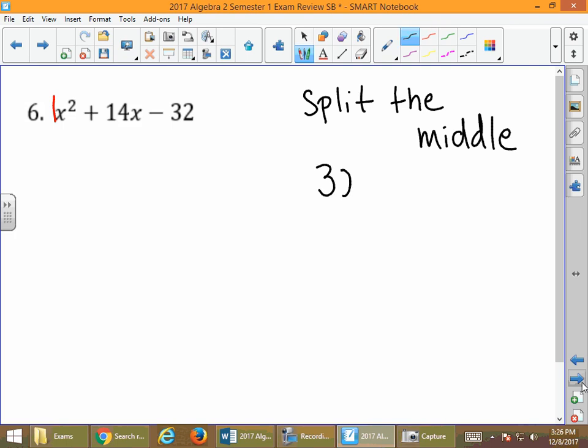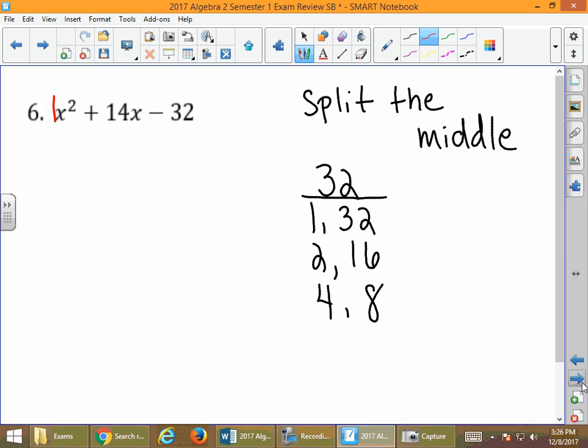Sorry, we don't want to take the sign. It's just 1 times 32. We'll put the signs in a moment. And let's list all the factors of 32, which are 1 times 32, 2 times 16, and 4 times 8. And once again, will any of those combine to be 14? Either adding to be 14 or subtracting to be 14.